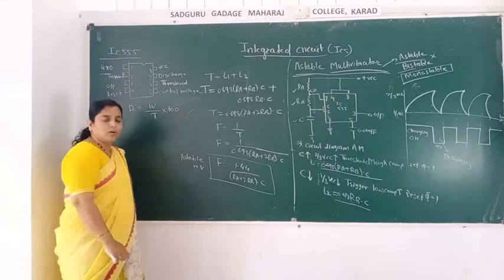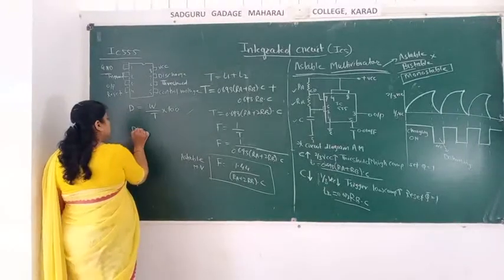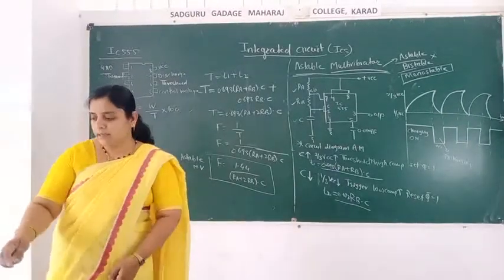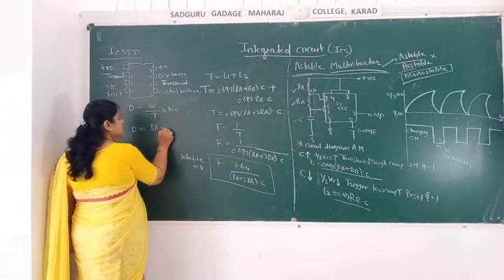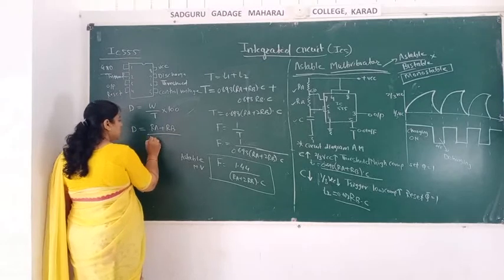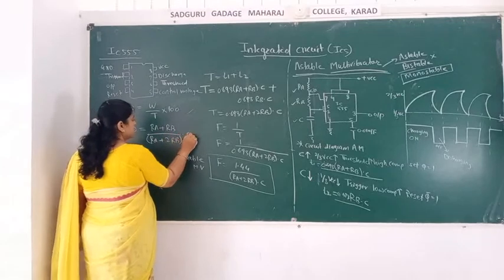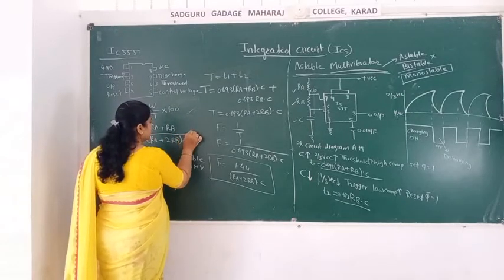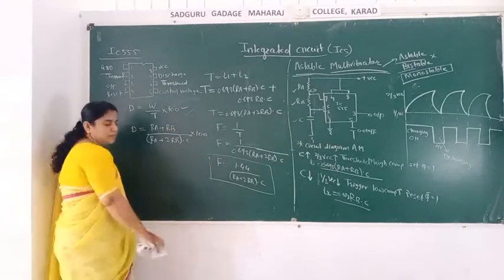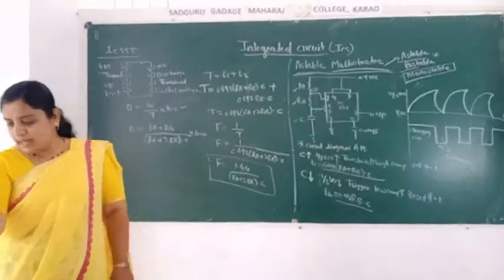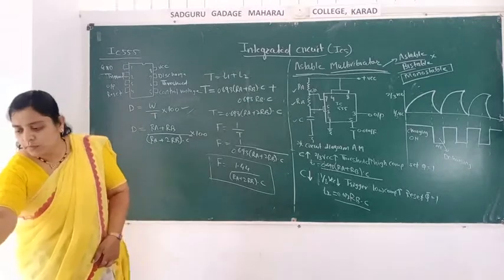So duty cycle is always indicated by width upon T into 100, and therefore duty cycle D can be indicated by this formula, that is (RA plus RB) upon (RA plus 2RB) into 100, in the percentage form. So this is the duty cycle.